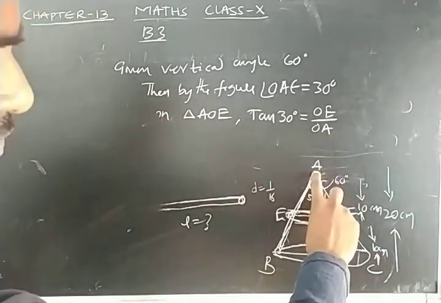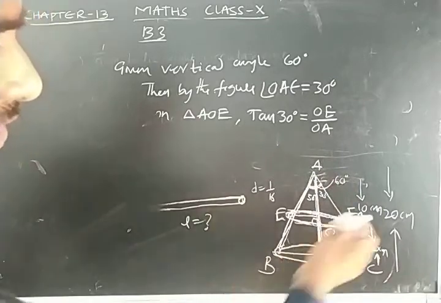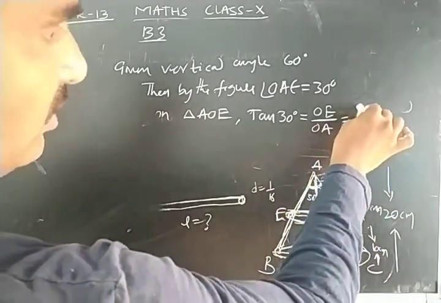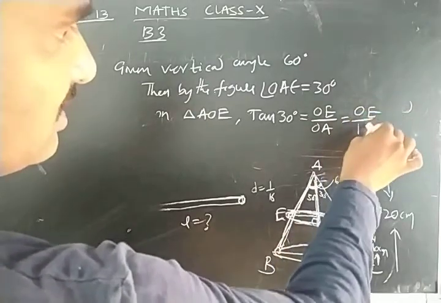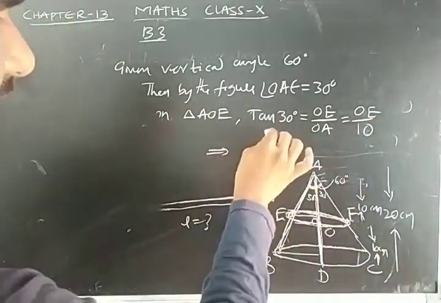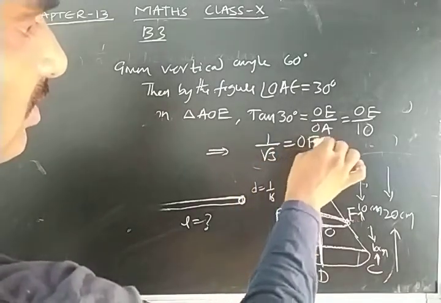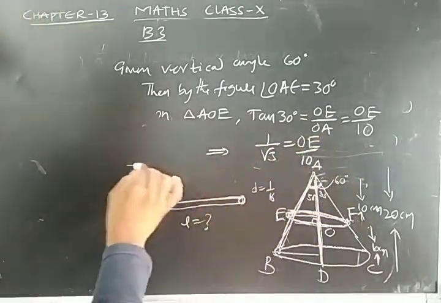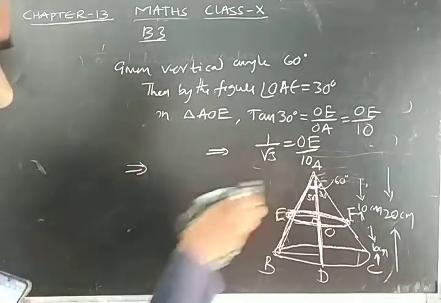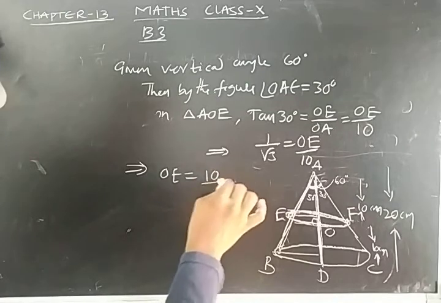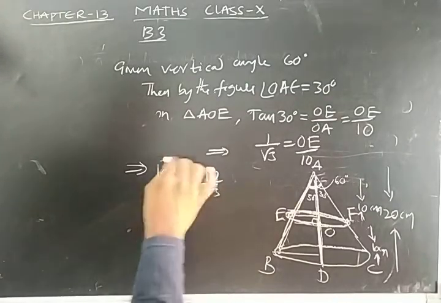We know OA is the length of the smaller cone, it is 10 centimeters. OE we don't know. So tan 30 is 1 by root 3, equal to OE by 10. So from this you will get OE equal to 10 by root 3.